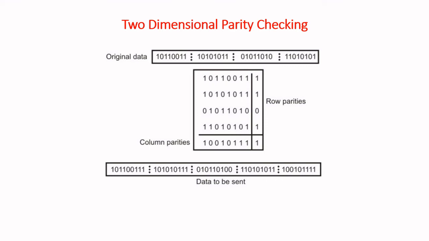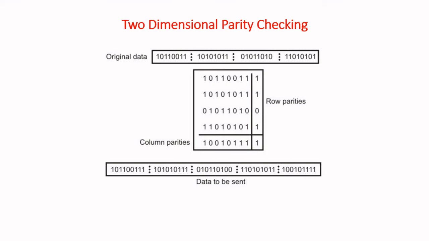The parity bits which are added for the row parities, for these also the column parity will be calculated. So the number of ones in the last column is 3, which is odd, so an extra 1 is added in the last column as a parity bit.